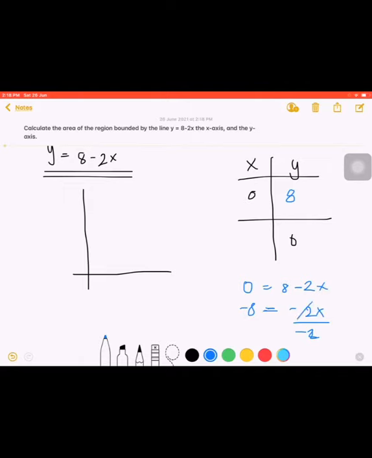We cancel the negative 2s and we're left with negative 8 divided by negative 2, meaning the answer will be 4. So our x-intercept is 4. We have a y-intercept of 8 and an x-intercept of 4.